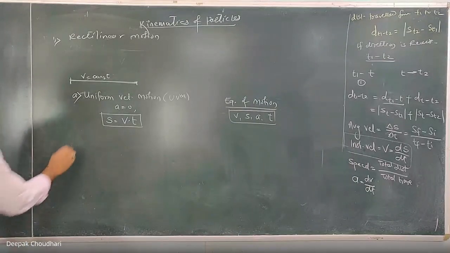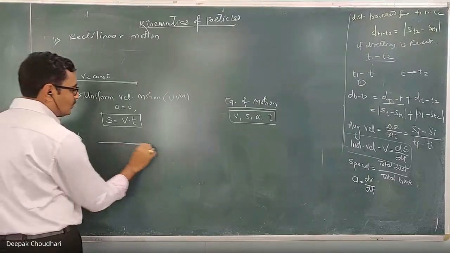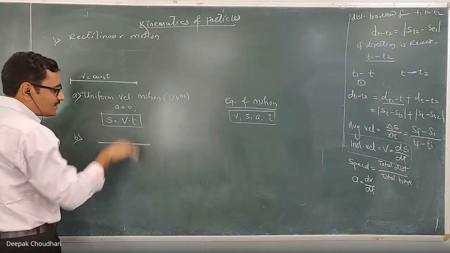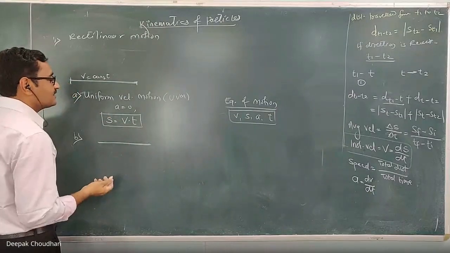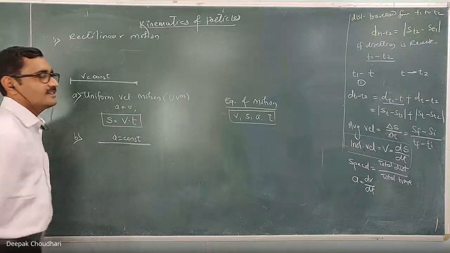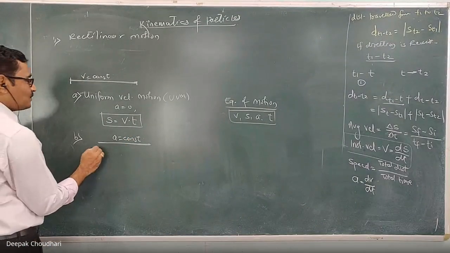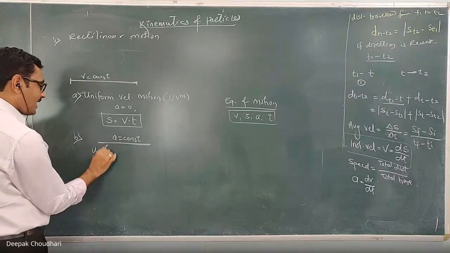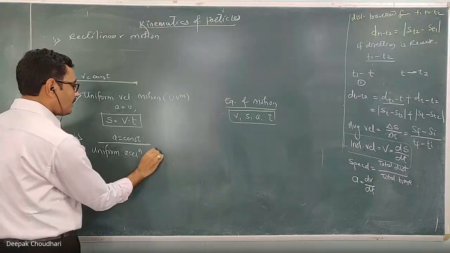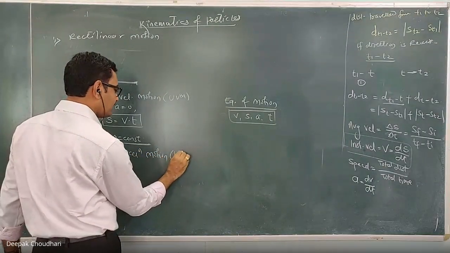The second case: the particle is moving along a straight line, but during this motion the velocity varies, at a constant rate. It means that the acceleration is constant. So during the motion, if the acceleration is constant, then that motion is known as uniform acceleration motion, UAM.